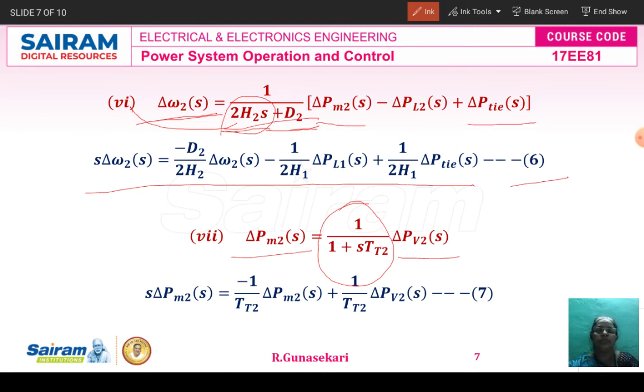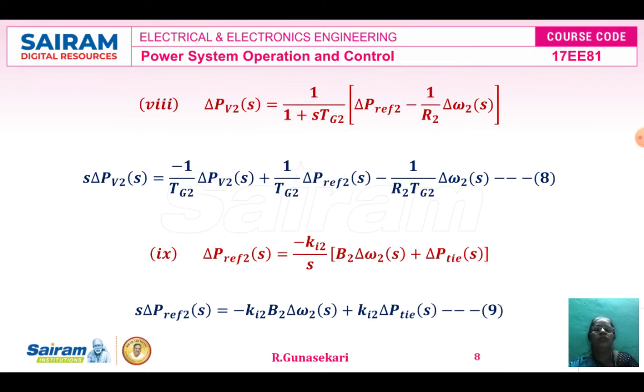After simplifying this equation, s into ΔPM2 of s equals minus 1 divided by T2, the turbine time constant for area 2, into ΔPM2 of s plus 1 divided by T2 into ΔPV2 of s. This is equation number 7.